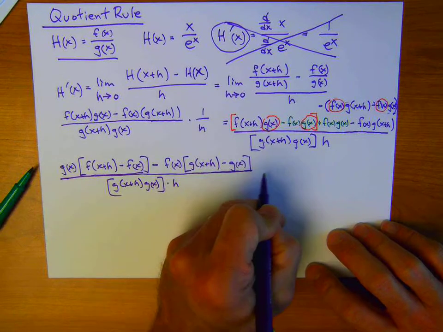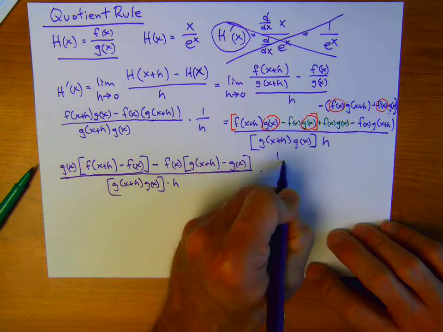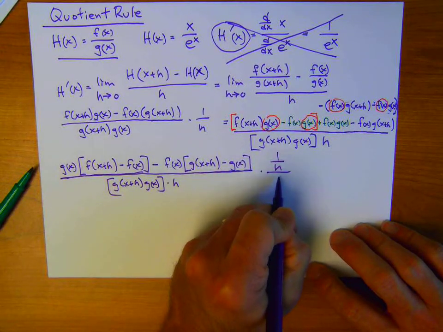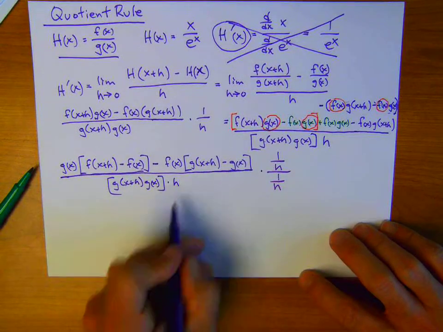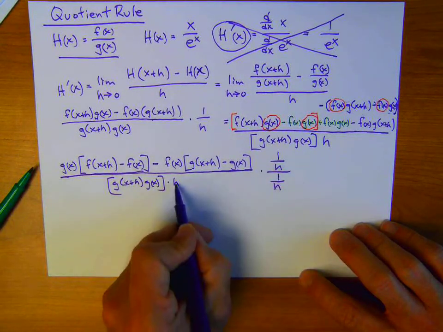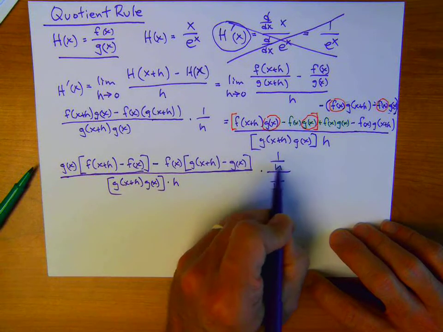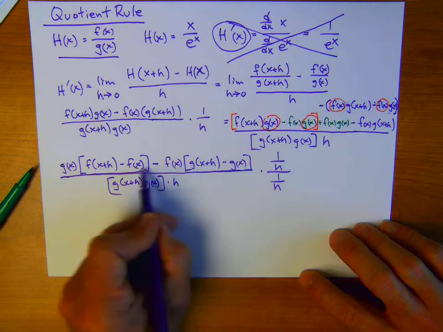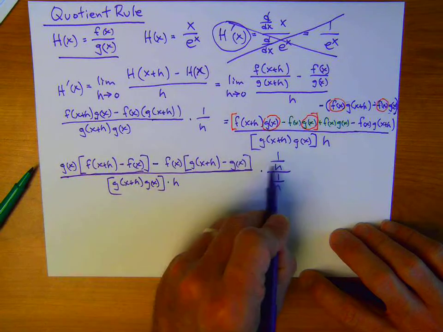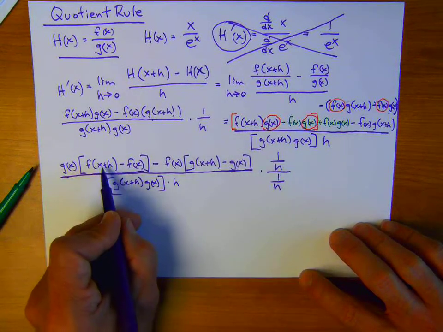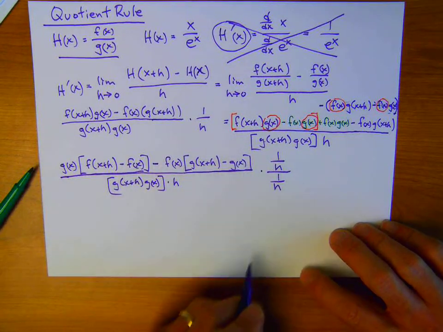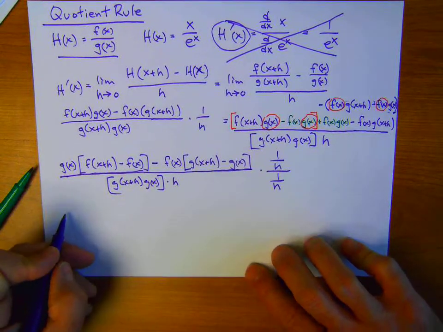So one way to take care of that is I can multiply by 1 over h over 1 over h. So that gets rid of this one because 1 over h times h is just 1. And then this will allow me to introduce this h in the denominator of this term and this term, right? It multiplies through. It distributes across, so I would get an h in the denominator here and an h in the denominator here. So let's look at that for our next step.